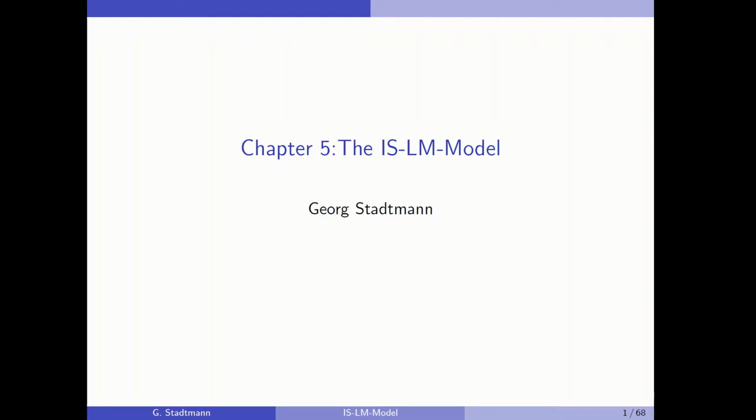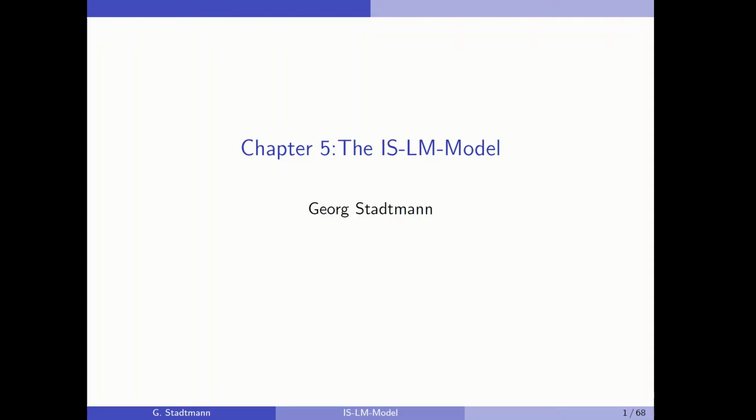for the money market. So now in Chapter 5, we would like to combine the insights we gained from Chapter 3 and the insights we got from Chapter 4. We are combining these two approaches, the goods market and the money market, and therefore it will be possible to determine two endogenous variables at the very same point in time.